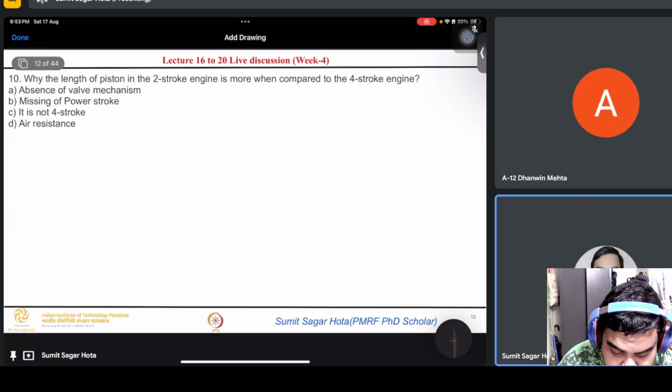So the intake and the exhaust of the two-stroke engine have to be controlled by what? The piston itself. That's the reason why the length of the piston in a two-stroke engine is more compared to a four-stroke engine.